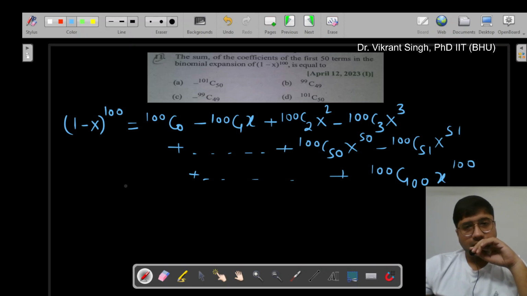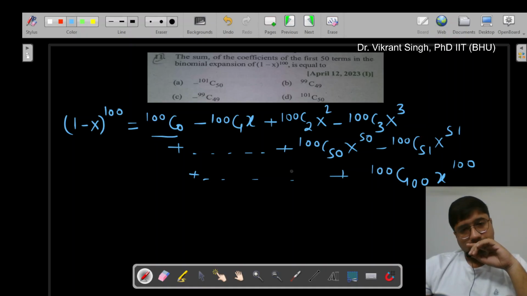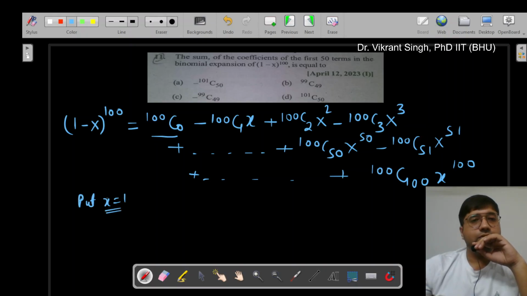This we know. We also know that binomial coefficients are symmetric in the expansion. If we compare the values of 100c0 and 100c100, the value will be same. Similarly, the second last term from last, 100c99, is equal to 100c1, and that is also negative. So the series is repeating from here. Now we will put x equal to 1.